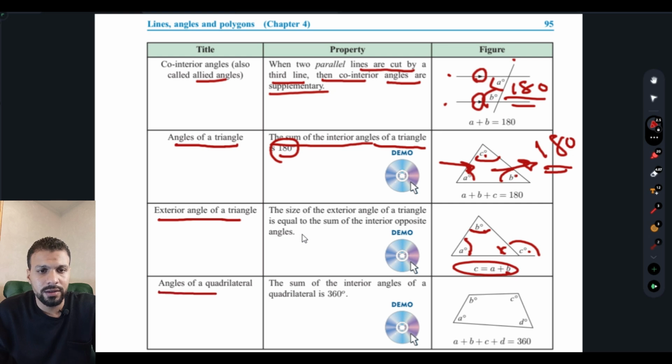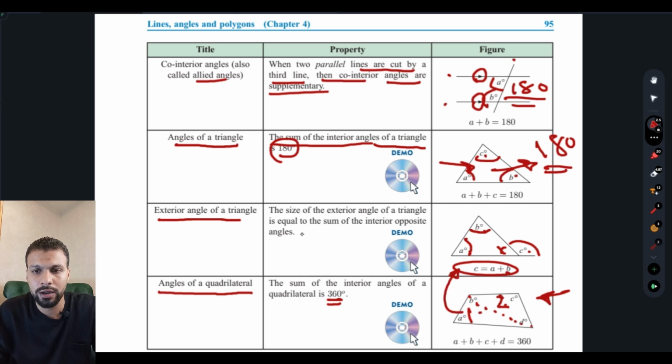Let's continue. Angles of a quadrilateral. The sum of the interior angles of a quadrilateral is equal to 360. If you want me to prove this, I can prove it easily. If I have this quadrilateral and I draw a line between two angles, so I have two triangles here.